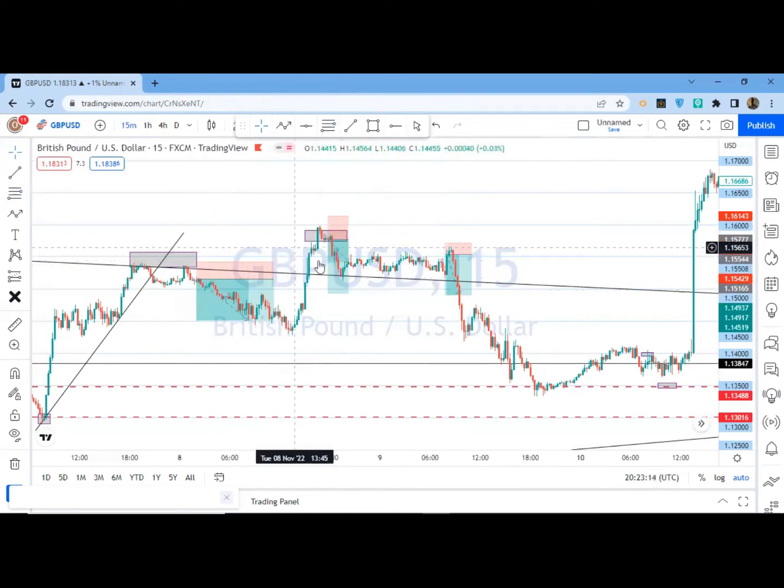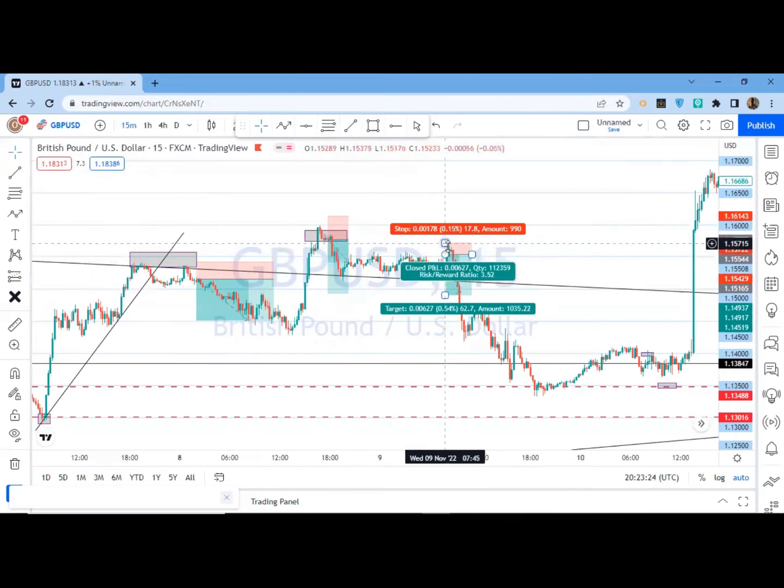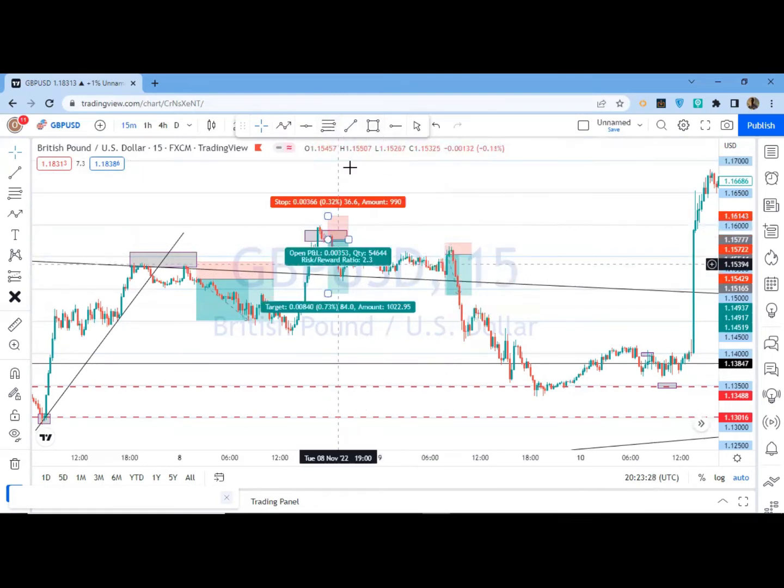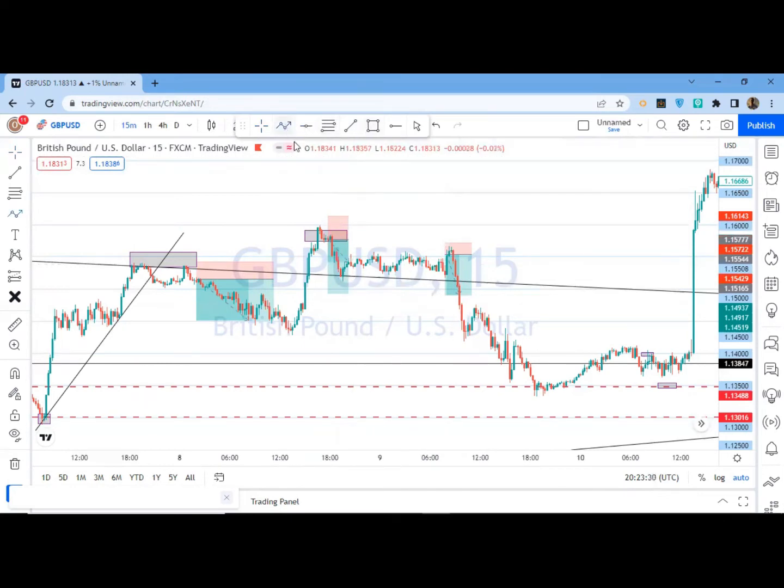Now, I'll show you how Fib works, since you asked me to make a video about Fibs. So the reason why we sold from here, the question you asked me, was the market was selling. Now, you know that thing where it forms a new trade in the 15 minutes. Now, this was just like a pullback.